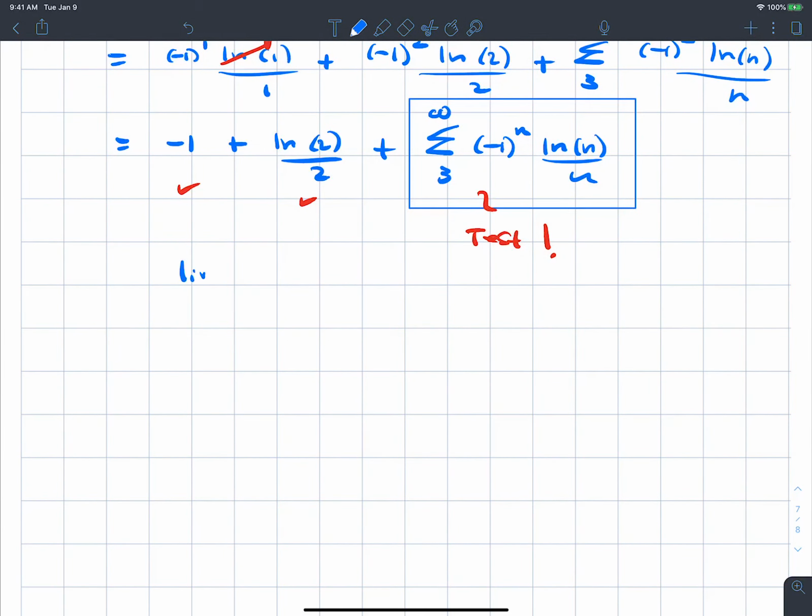Okay, the limit of b_n is the limit of natural log n over n. As n gets big, we get infinity over infinity.